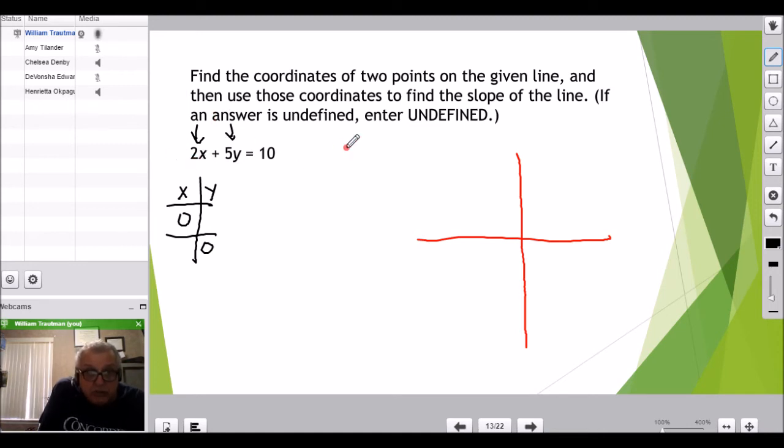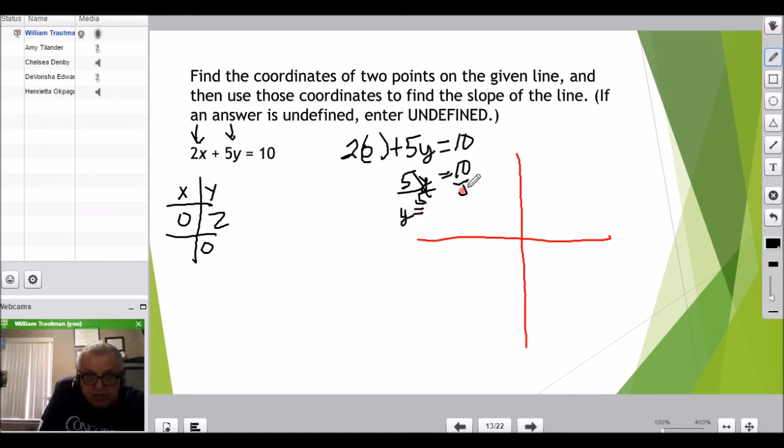If I put a 0 in for x, then I'm left with 5y equals 10. Divide both sides by 5, and I get y equals 2. Now if I put a 0 in for y, that turns the 5y to 0.